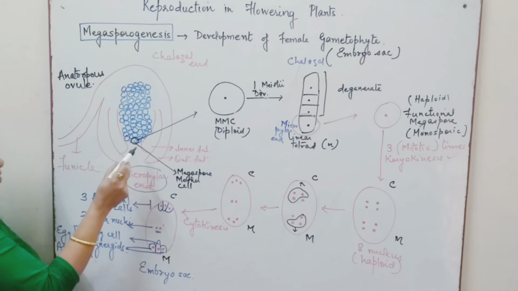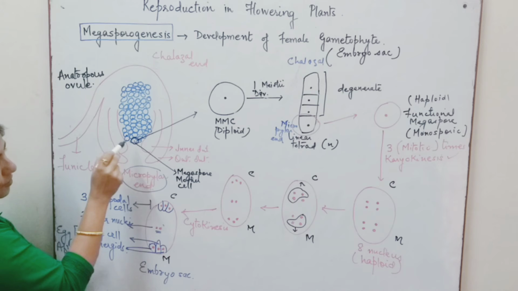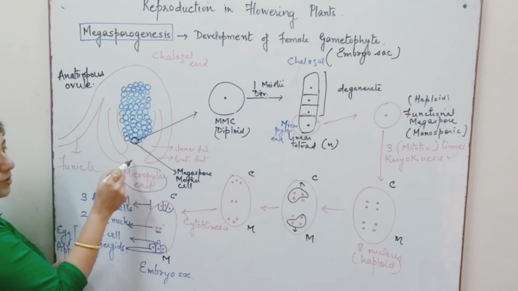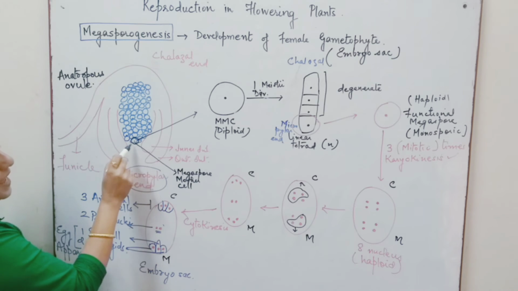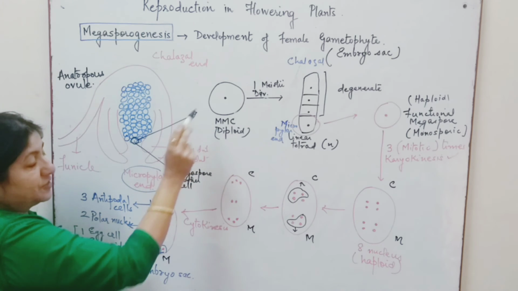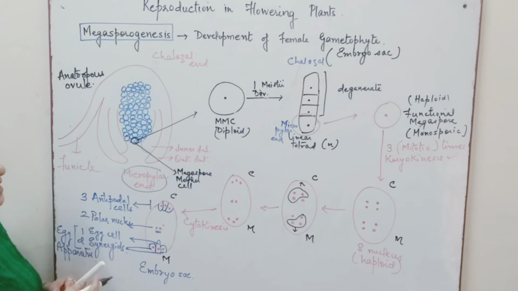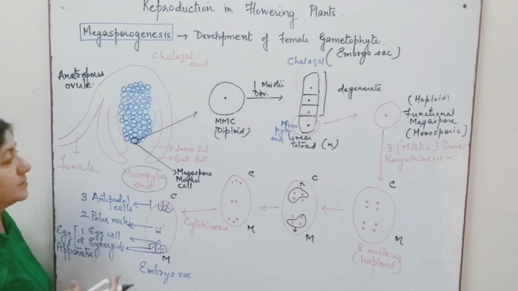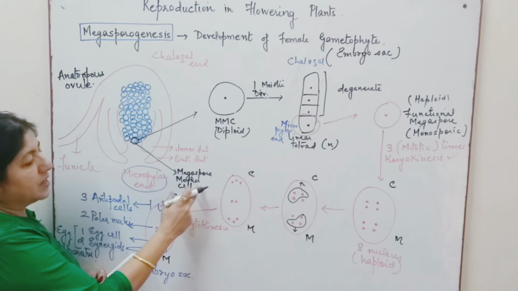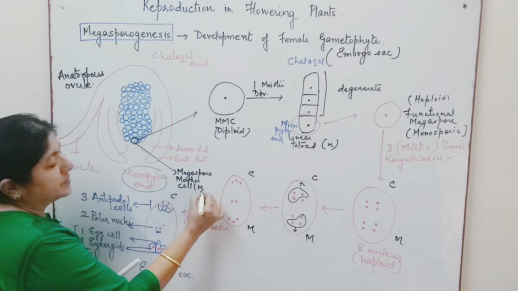One cell out of the nucellus, present towards the micropylar end, will grow bigger in size and will undergo further division. It has dense cytoplasm and is known as the Megaspore mother cell or MMC.